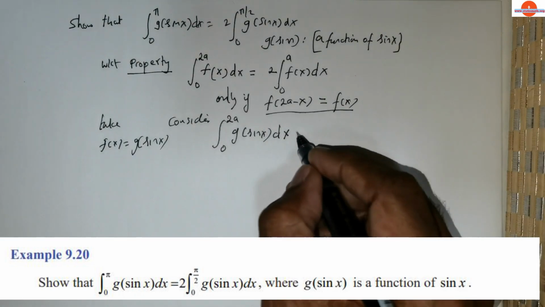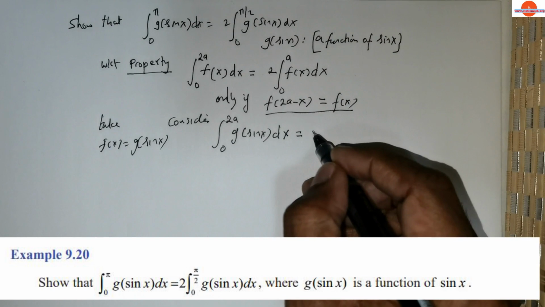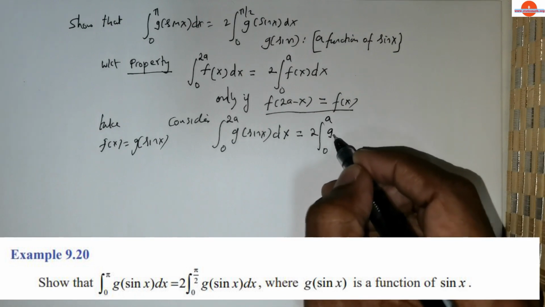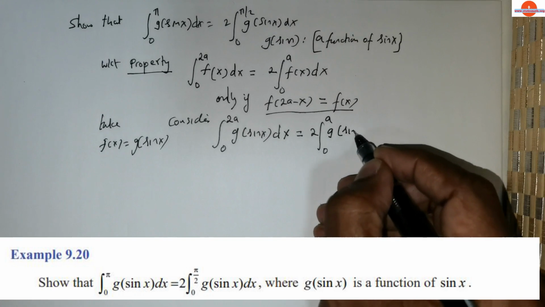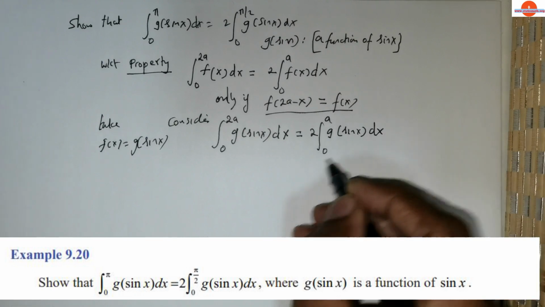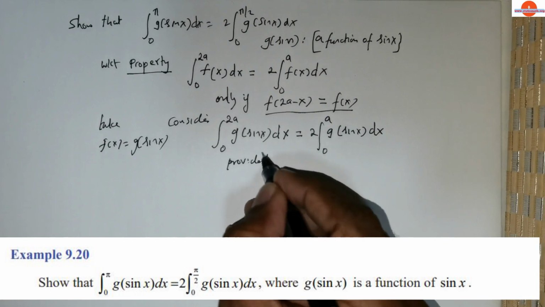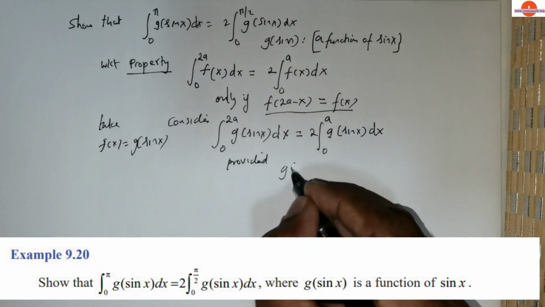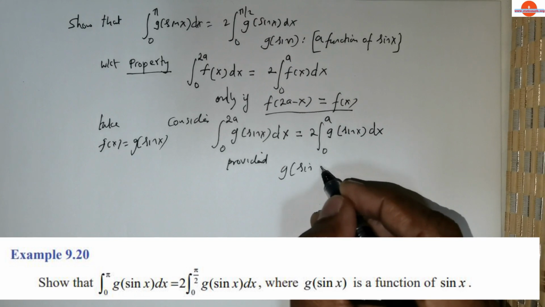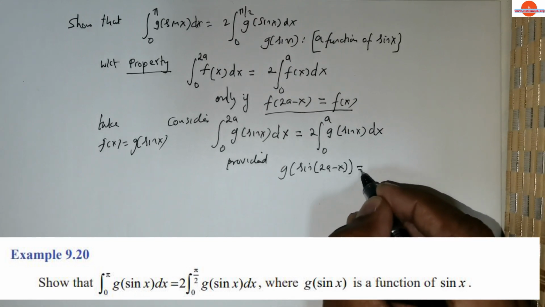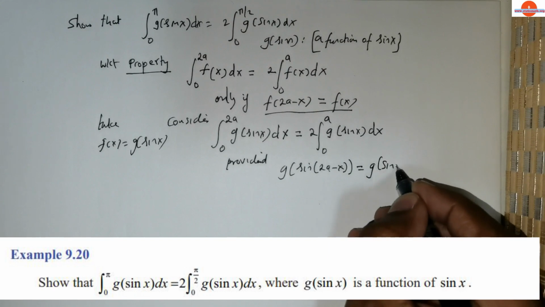So according to this property, this should be equal to 2 times integral 0 to a g of sine x times dx, provided g of sine of 2a negative x is equal to g of sine x.